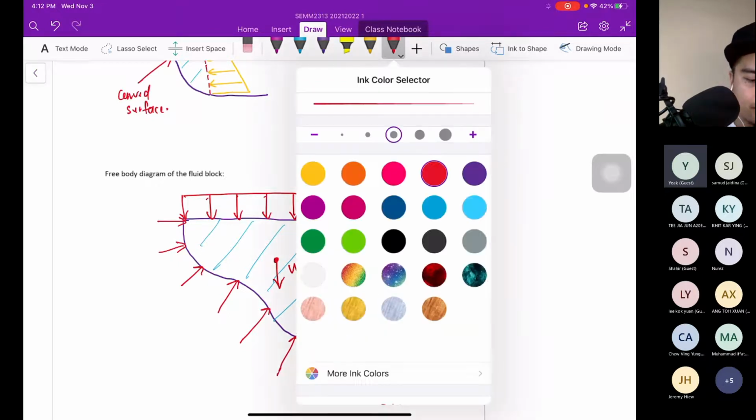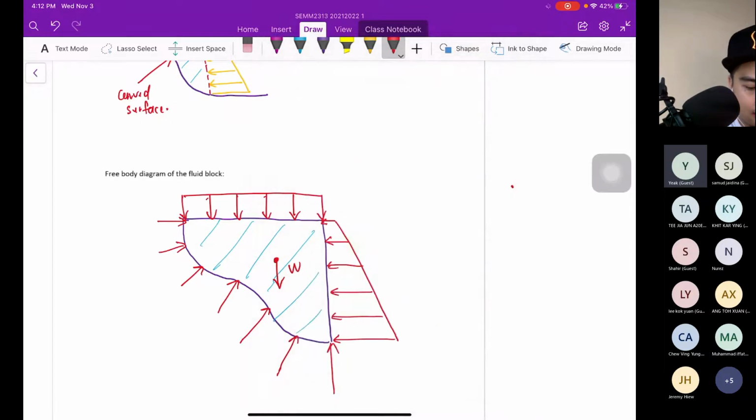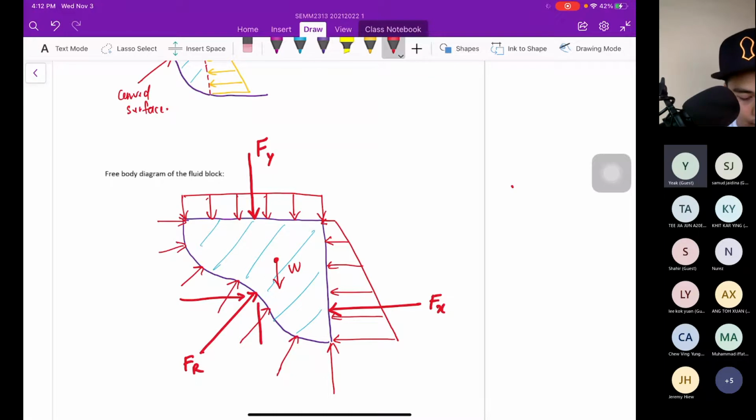So from here, we need to specify the resultant force. This is the resultant force in the Y direction, Fy, and this is the resultant force in the X direction, Fx. And of course, we have the resultant force Fr, which always acts in two components, Fh and Fv.